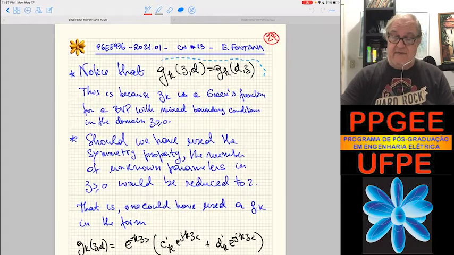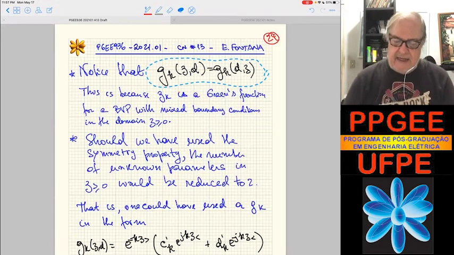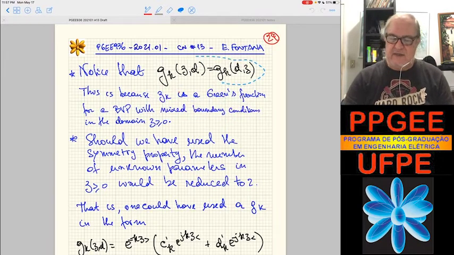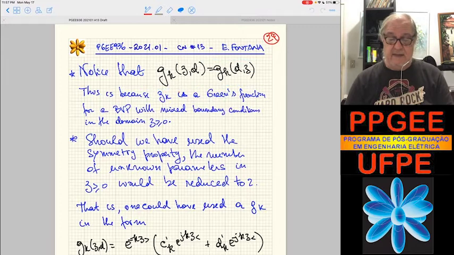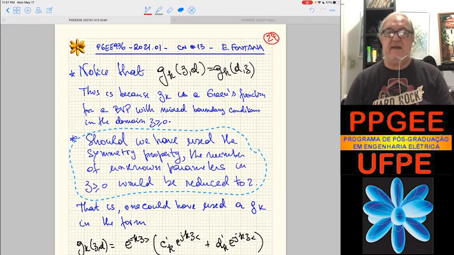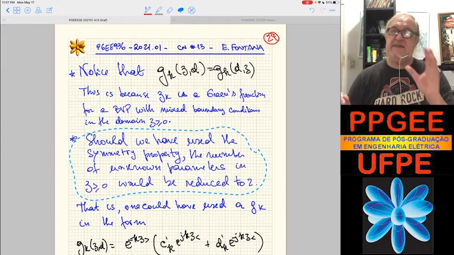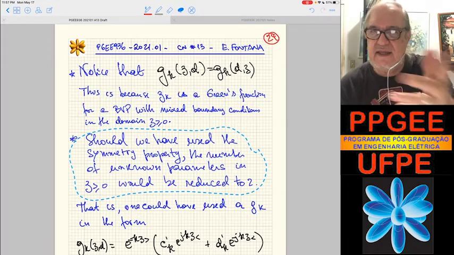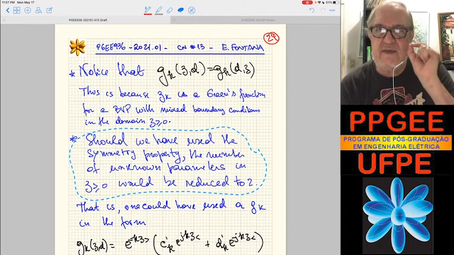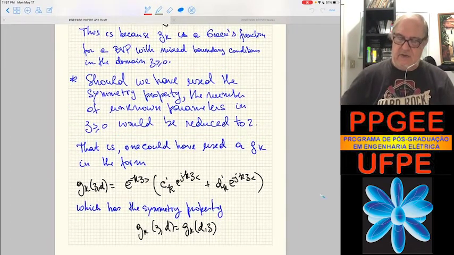You see, we have this property in the upper hemisphere: G is a Green's function for a mixed boundary value problem condition. You're going to notice that symmetry property coming up. We could have saved time if we had used the symmetry property, but I just want to show you that it is not necessary to use it. You can use just the continuity of the Green's function at the singularity. That can be used as well. Okay? So let's keep that.